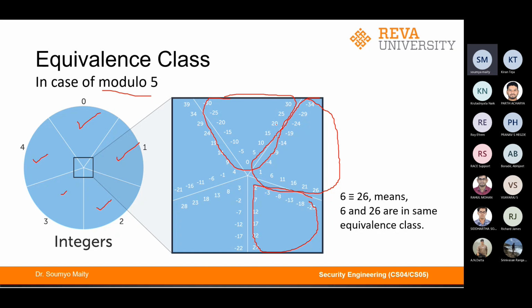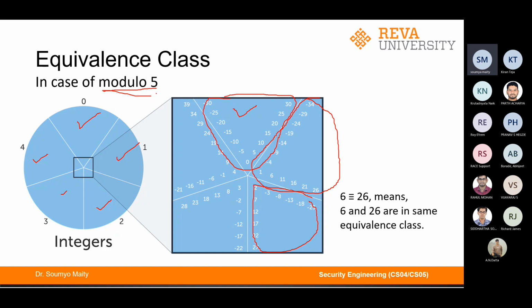We are calling it an equivalence class. Why? Because they're equivalent. For this function, modulo 5, all the numbers in the universe fall in 5 different buckets, and all the numbers in a bucket will have the same remainder if I divide by 5. So that's why for this function, these are equivalent.